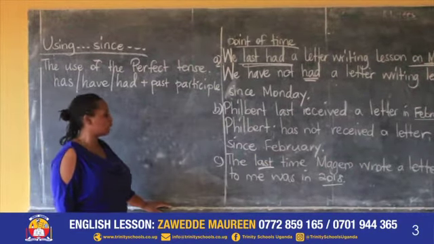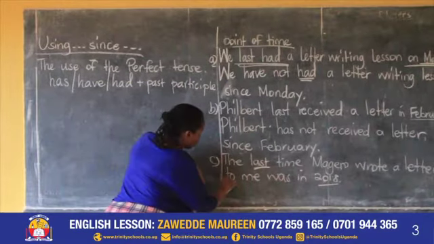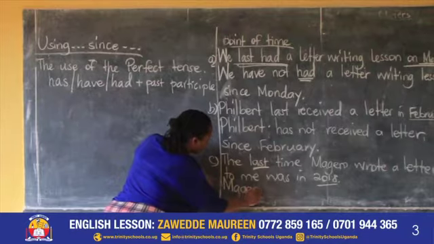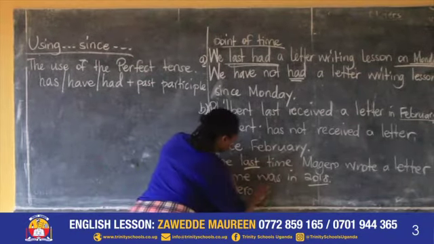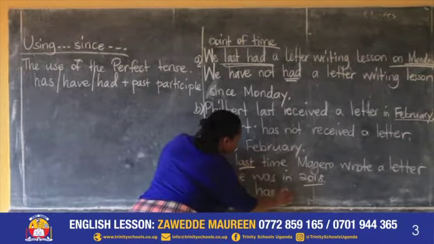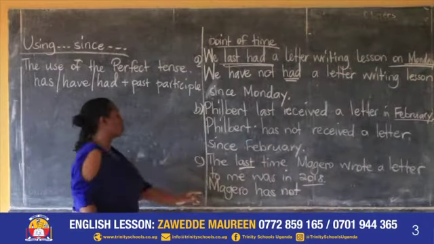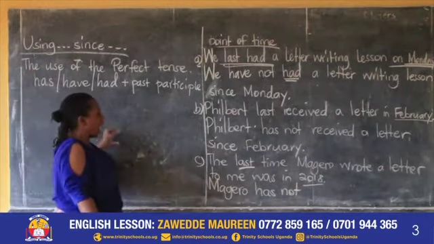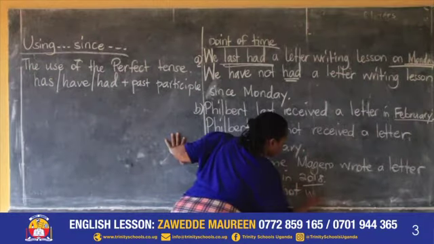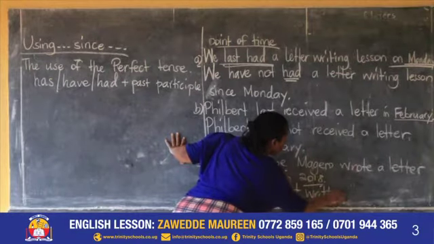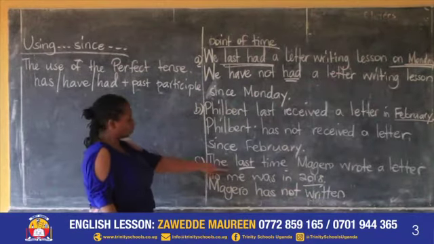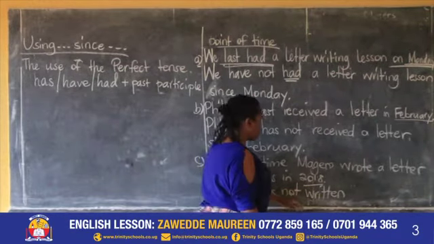So we are going to begin with our subject, which is Magero, and say, Magero has not, our perfect tense. Magero has not written. Perfect past participle of wrote, past participle, which matches with has, is written.